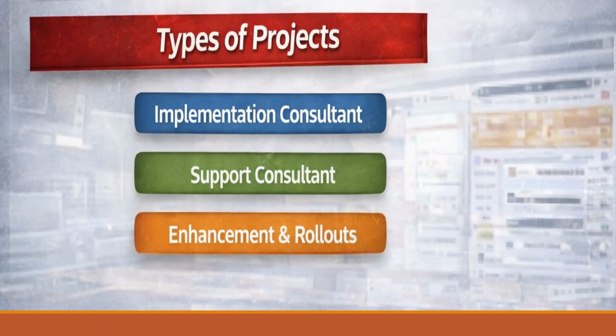After implementation is completed, in a support project, if any errors come up at the Tata application level, from the inventory, procurement, or order management side, as a functional consultant you analyze, investigate, and provide the root cause for the issue. That is called a support consultant.